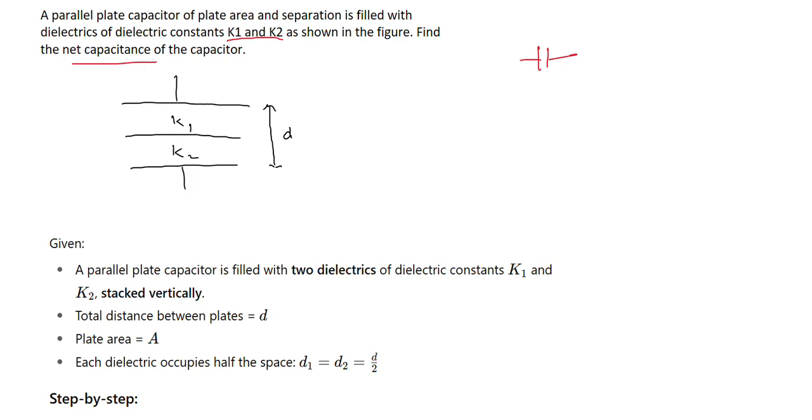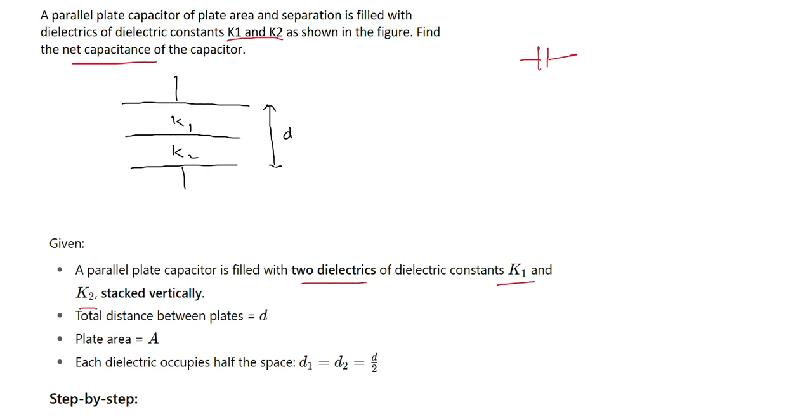Now we have introduced a dielectric in between the plates. So these dielectric constants are K1 and K2. Given a parallel plate capacitor that is filled with the two dielectrics K1 and K2 stacked vertically.